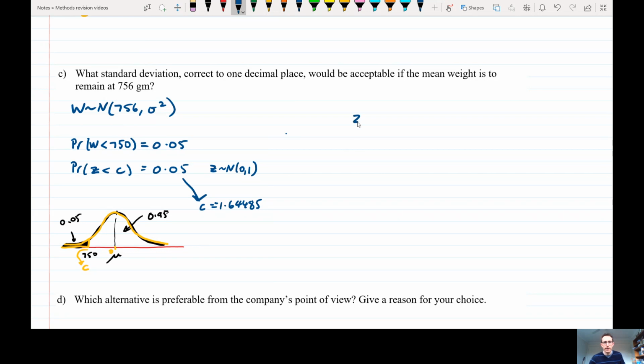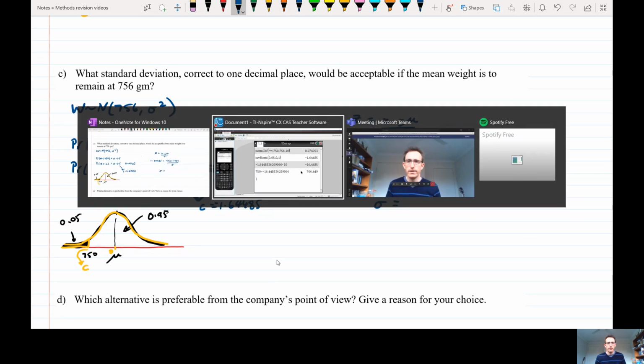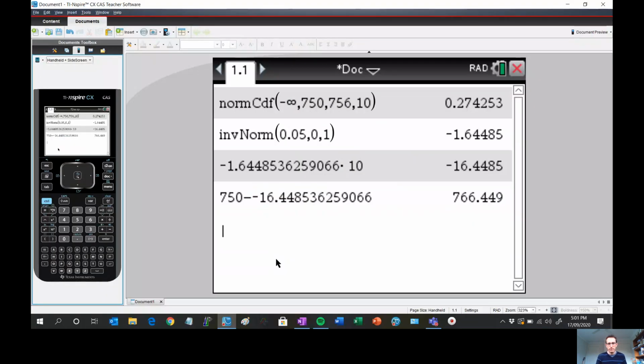the final equation over here, the z equals x minus mu over sigma, is no longer trying to find the value of mu. We are instead trying to find the value of sigma. So we're going to substitute the known values in, 750, we know mu this time, and divide by sigma. So if you do all that, you'll end up with sigma being 750 minus 756.